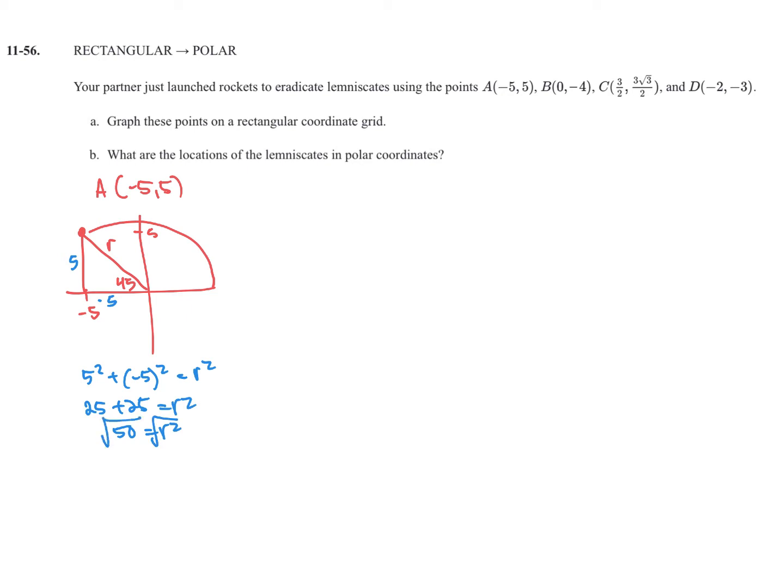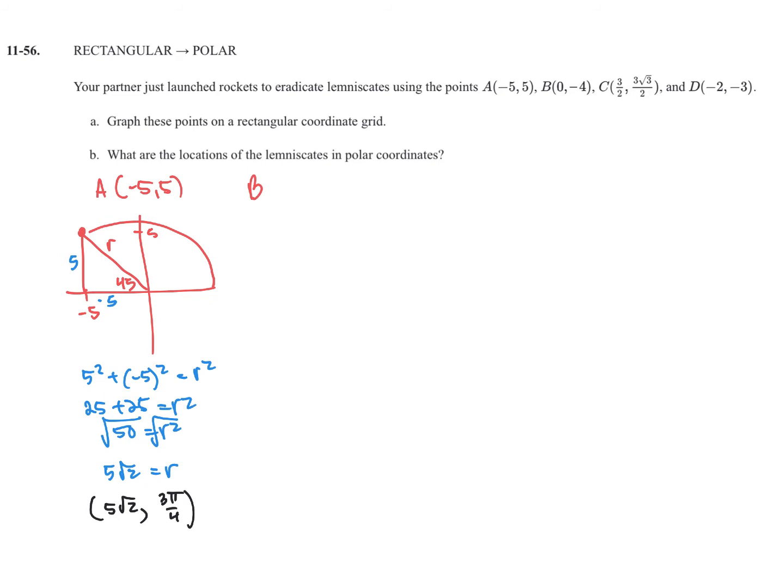That would be the square root of 50. Let's simplify that: square root of 25, which is 5, times root 2, equals r. So my polar form for this would be 5 root 2, comma, and then the rotation is 3 pi over 4.